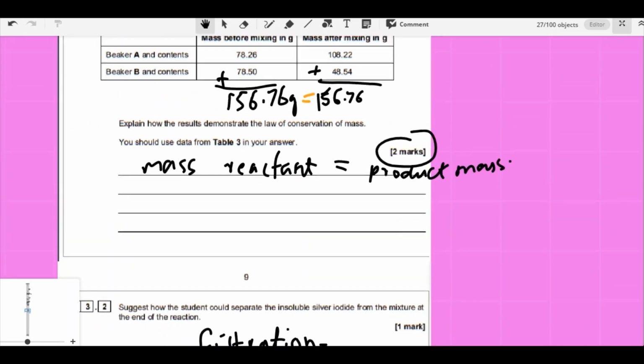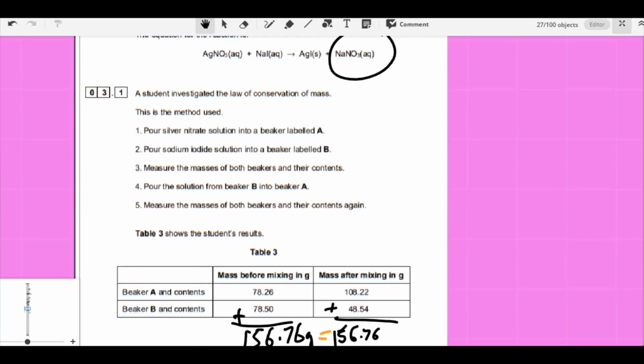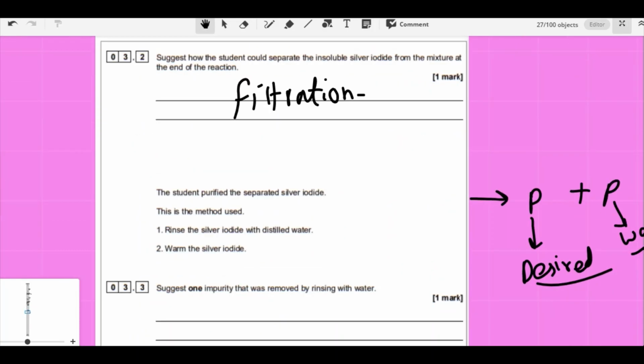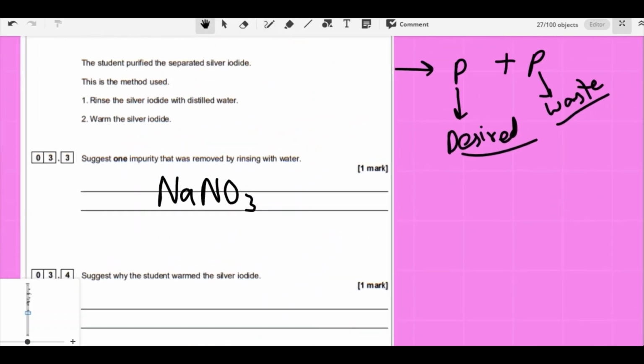So if you see here, the other product is the silver nitrate. That silver nitrate is in aqueous form, so it means it easily dissolves in water. That's why the one impurity that was removed by rinsing with water is sodium nitrate. Silver iodide is already formed, and that is our desired product.